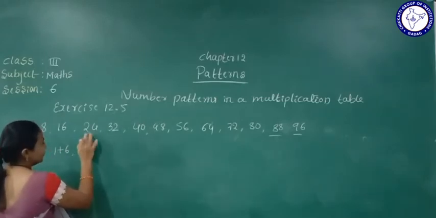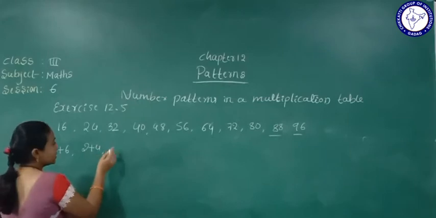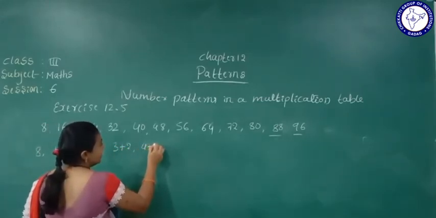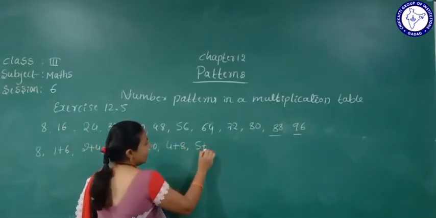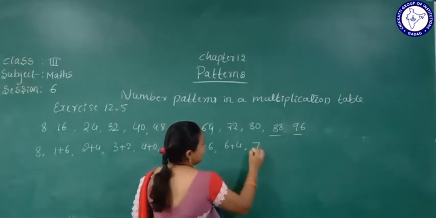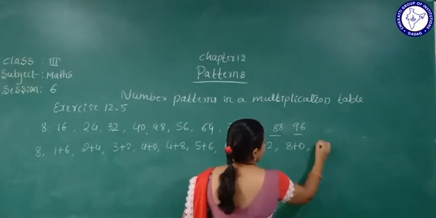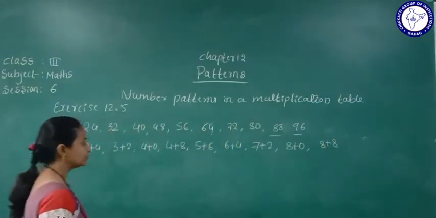Here 24, 2 plus 4. Single digit we want to know. Okay, 3 plus 2, 4 plus 0, 4 plus 8, 5 plus 6, 6 plus 4, 7 plus 2, 8 plus 0, next 8 plus 8. So like this we will do.